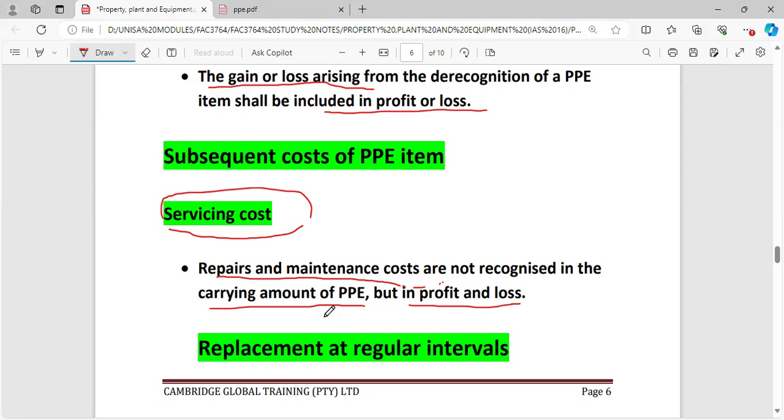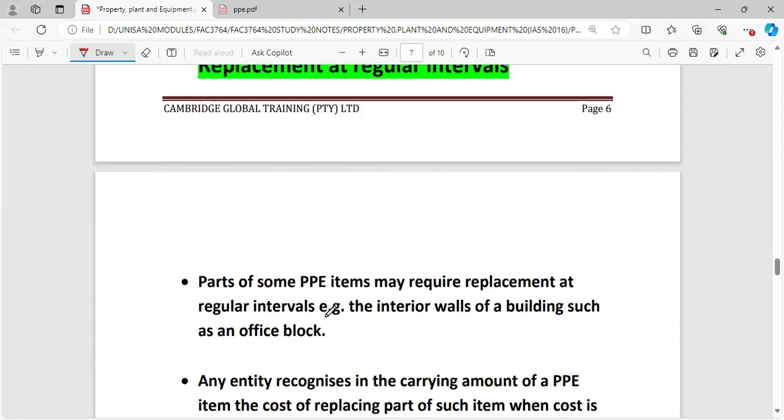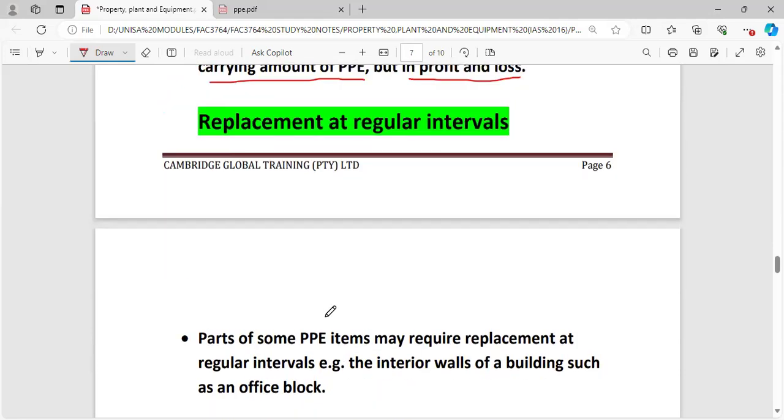Then there is also a situation where we do replacement at regular intervals. You may find that some of the assets, for an example, a bus. Let me just give an example of a bus.